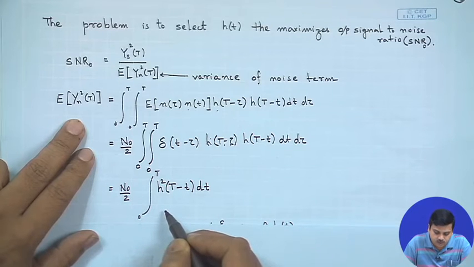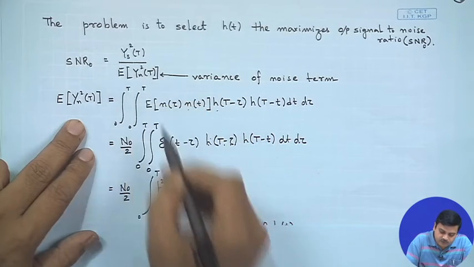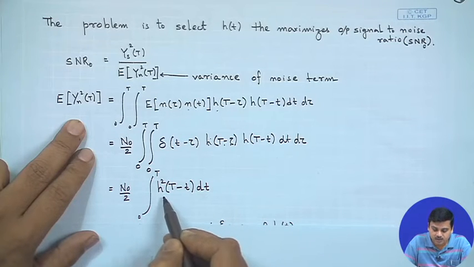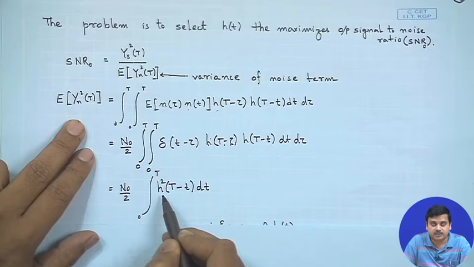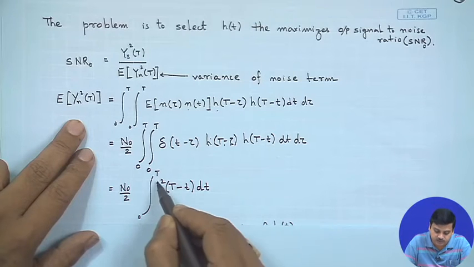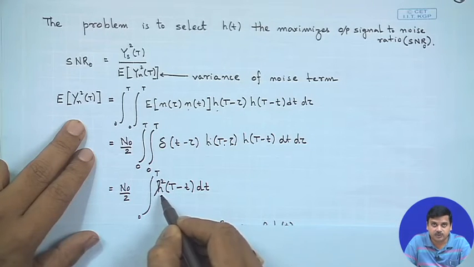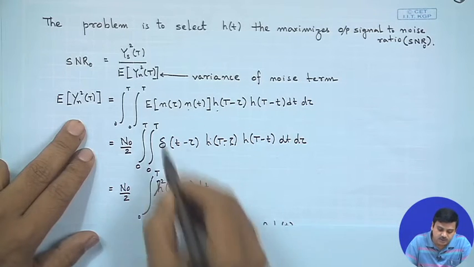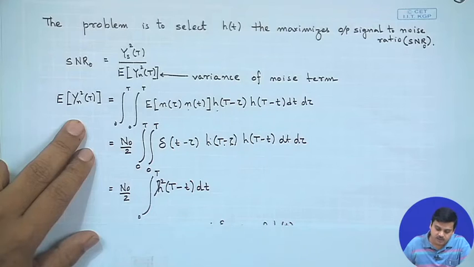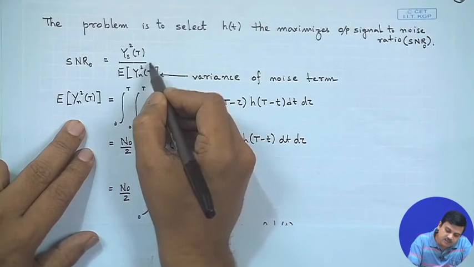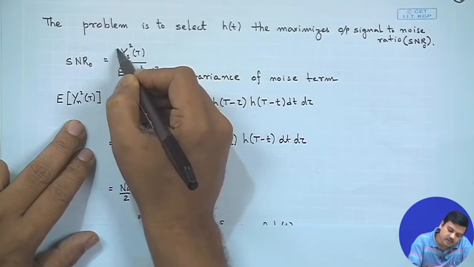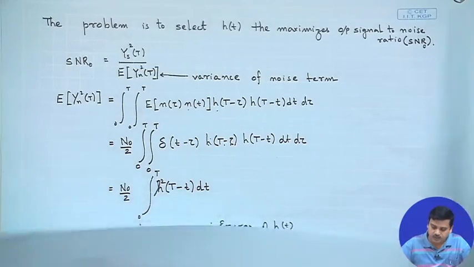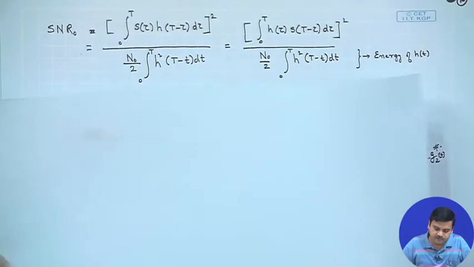If you maintain constant energy on h, this h is not the modulation index that we had used in FSK, so do not get confused. This h is the impulse response. If we are talking about a constant energy impulse response, the denominator is constant. So, to maximize this, you have to maximize the numerator on the condition that the denominator is held constant. That is what we have with us.